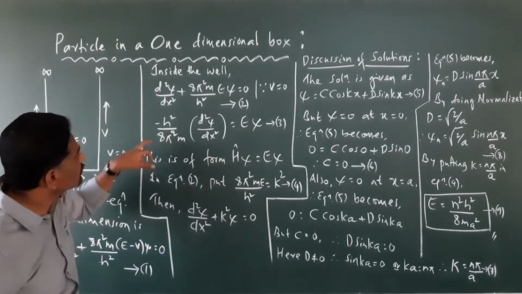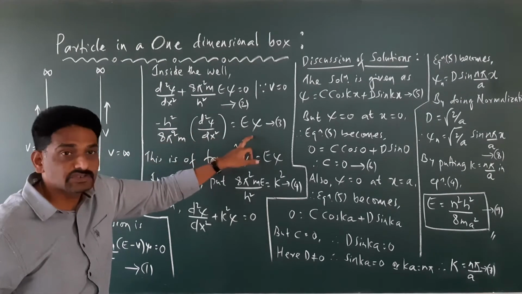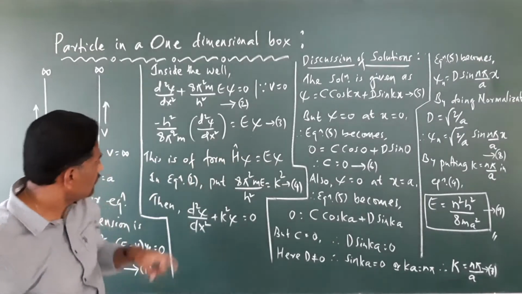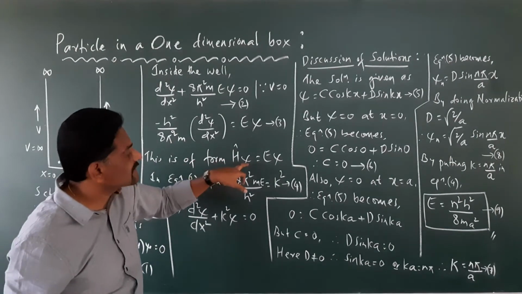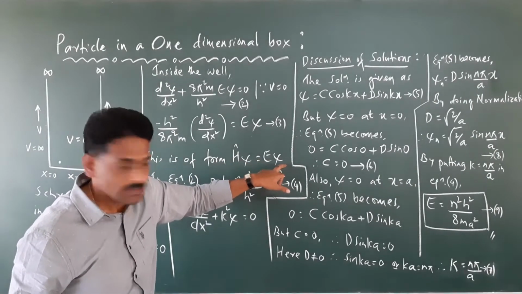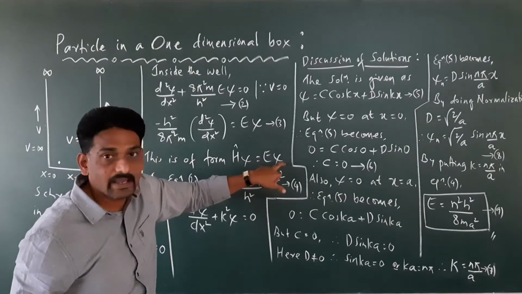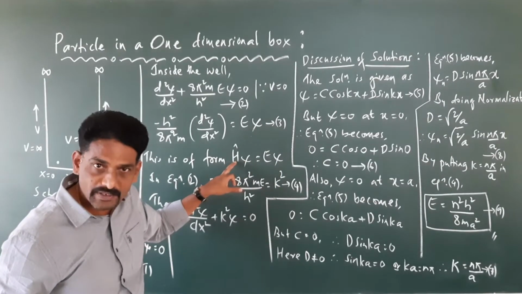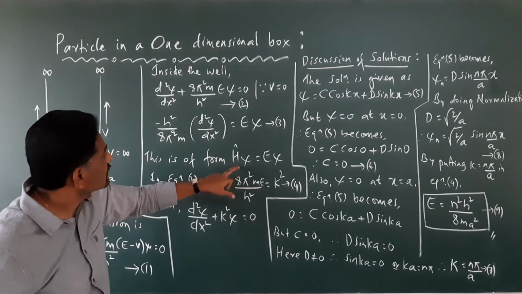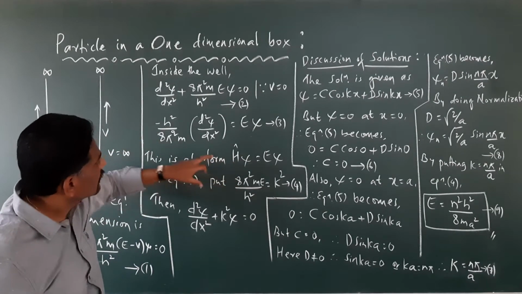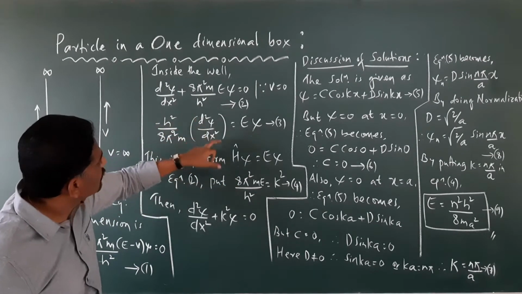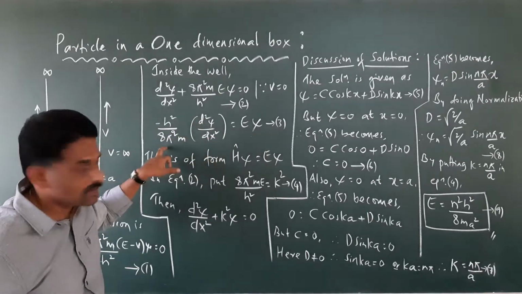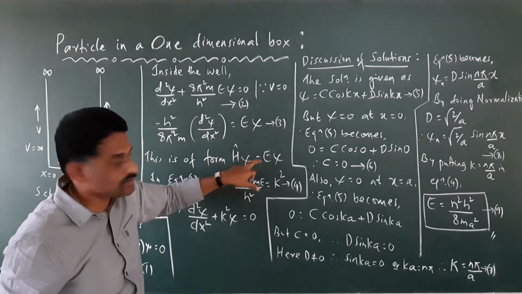Because now this equation is of the form H psi equals to E psi. Whereas what is H? H is an operator. What is that? In this case, all this term is taken as H.